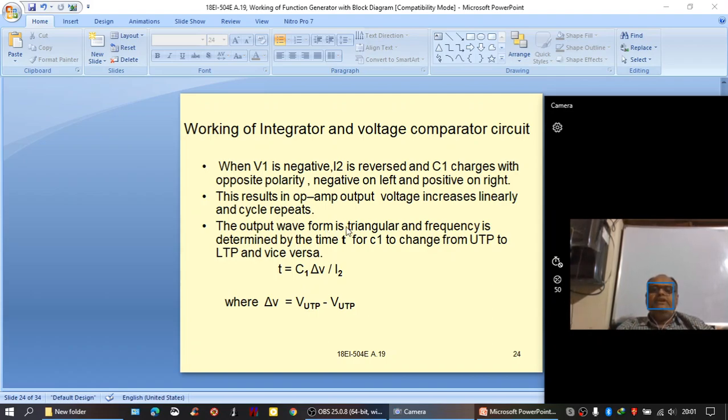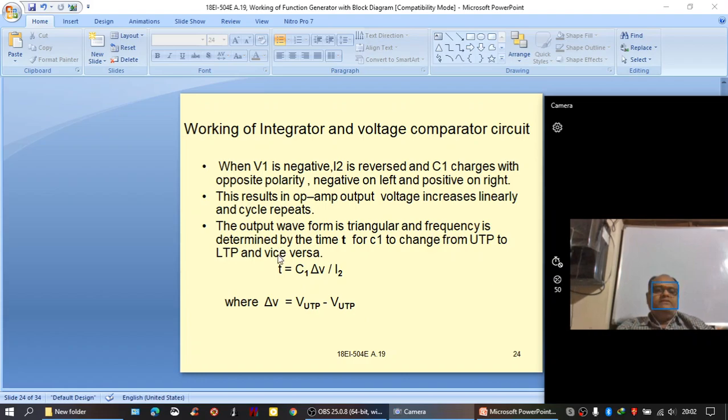The output waveform is triangular and the frequency is determined by the time t for C1 to charge from UTP to LTP and vice versa, that is from LTP to UTP. And how much is that time? That time can be derived from the equation for charge on a capacitor.